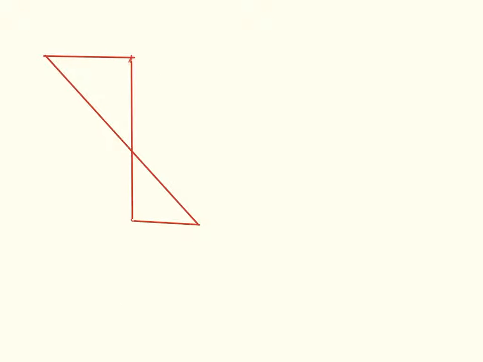Okay, so here we have another problem, and I'll just put the measurements in. We've got 10. I'm not going to bother with any units right now because it's not really necessary. Then we've got 12 there, a 5 here, an x there, and a y here. We need to find what x and y would be. Let's do exactly what we did before.